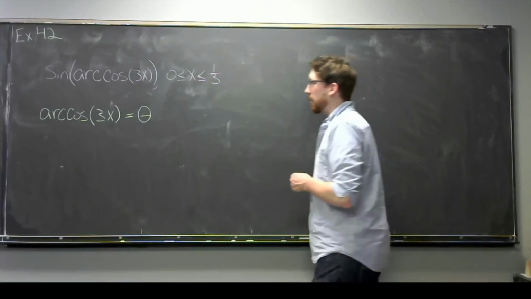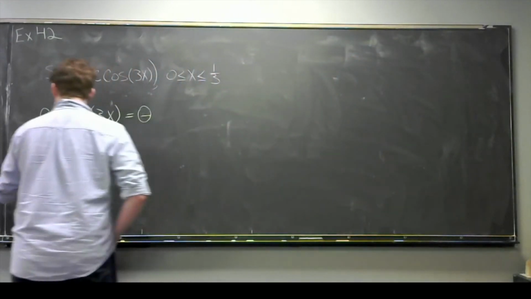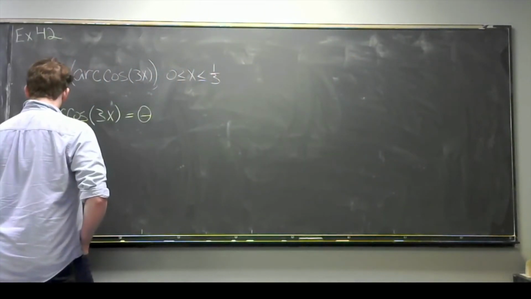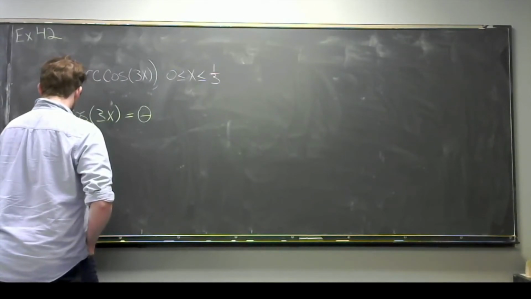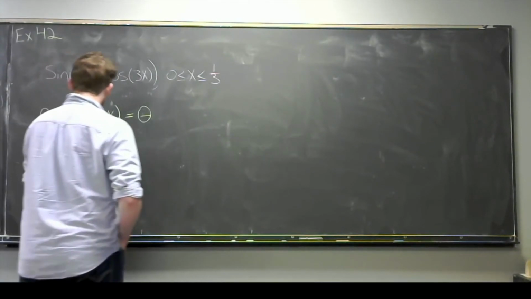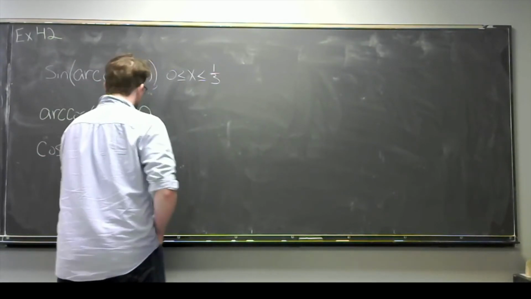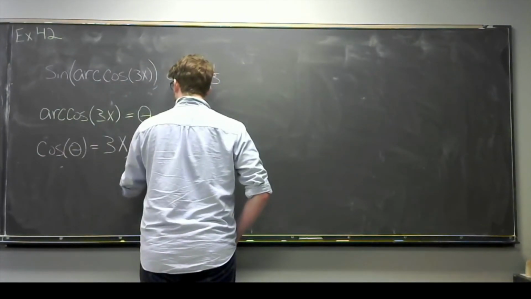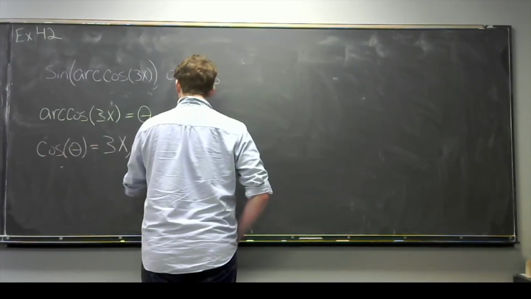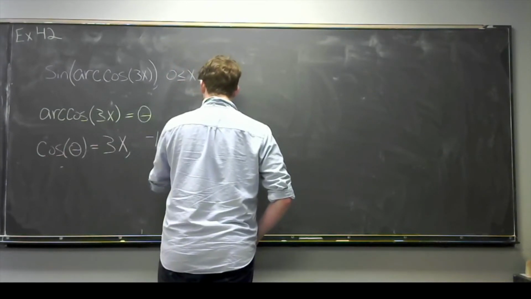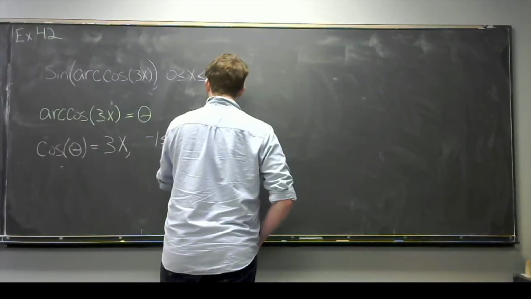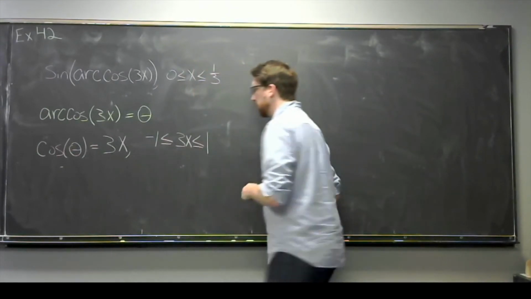What this tells us is that cosine of that angle is equal to 3 times x. And we know that 3 times x is going to be between 1 and -1.